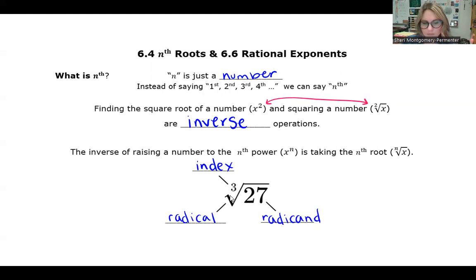This is also a root. So this one would be a 3rd root. Okay, this one will be a 3rd root.